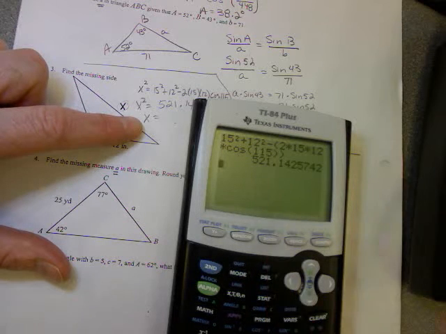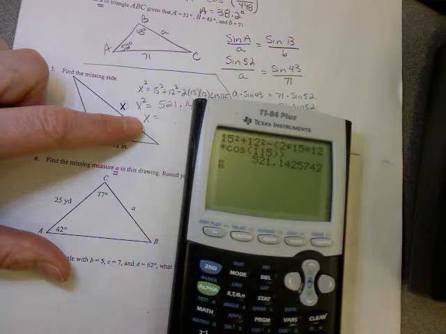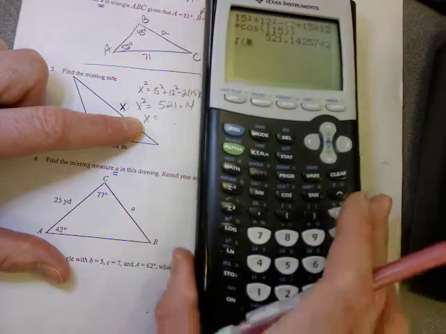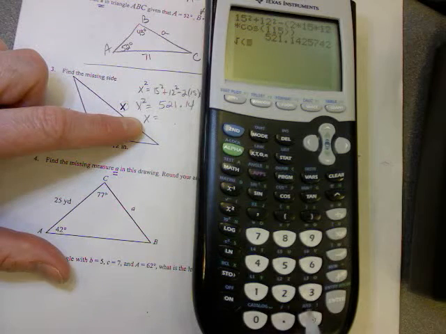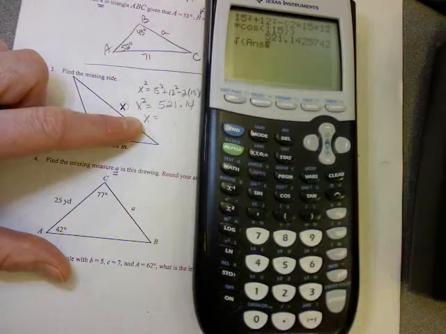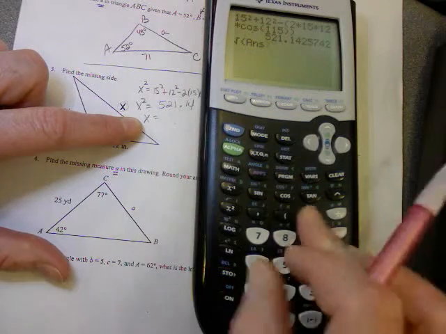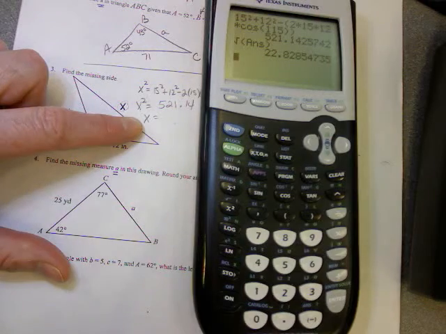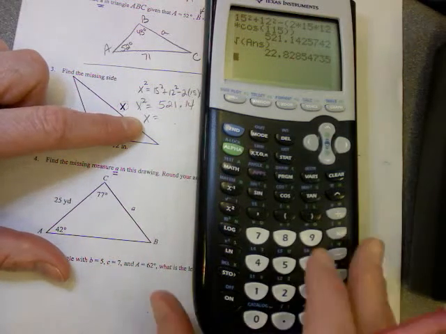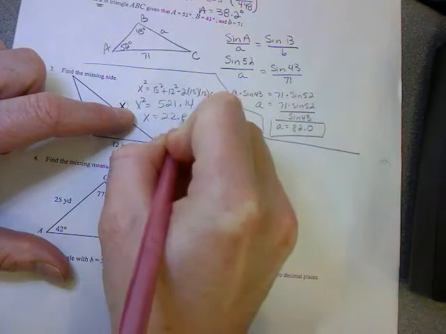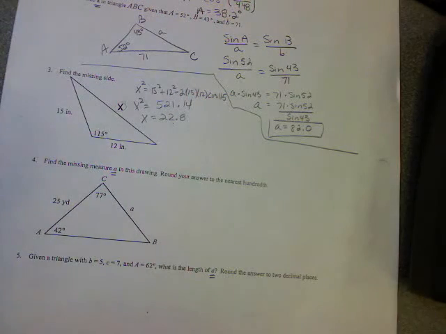So to take the square root, we're going to hit second, square root, and then if you hit second on your calculator, there's an ANS above the negative sign. If you hit second ANS, that will place that number into your square root symbol. So we get the answer after we do that, 22.8.